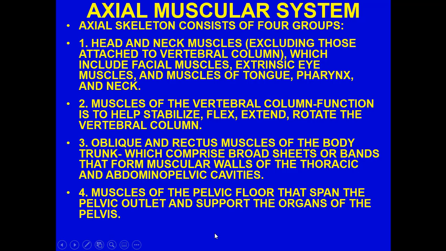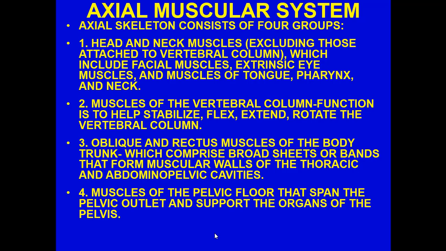Axial skeleton consists of 4 groups. Head and neck muscles, including those attached to the vertebral column, which include facial muscles, extrinsic eye muscles, muscles of the tongue, pharynx, and neck. Muscles of the vertebral column. Their function is to help stabilize, flex, extend, rotate the vertebral column.